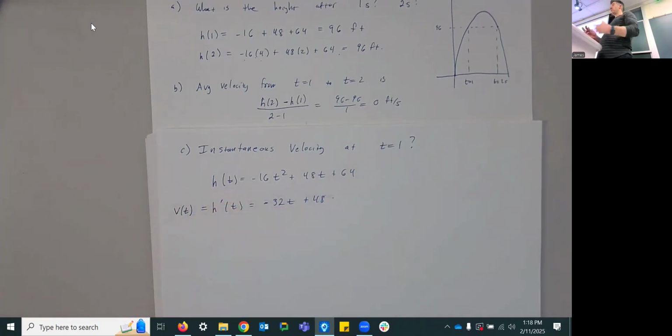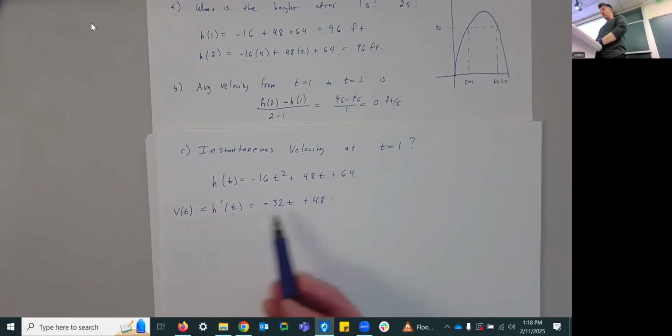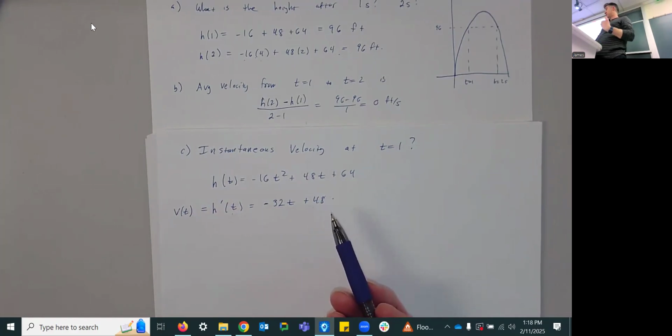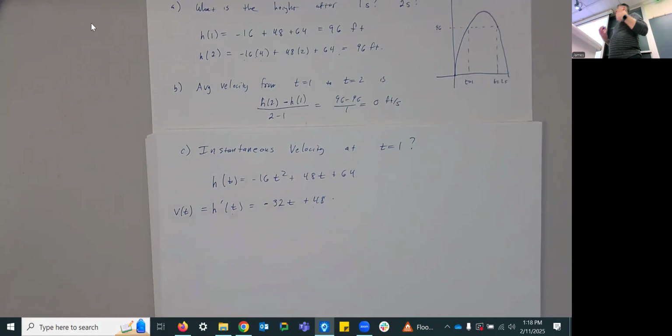That matches up with what we said about the initial velocity being 48, because if you plug in 0 for time, you will get 0 plus 48, which is 48 feet per second as our initial velocity. And if you think about what gravity is doing, the acceleration due to gravity is negative 32 feet per second, or people say feet per second squared. I think feet per second actually evokes a better idea of what's happening.